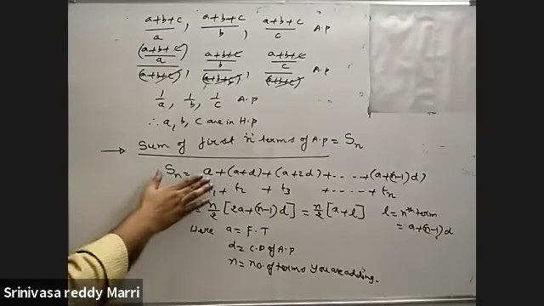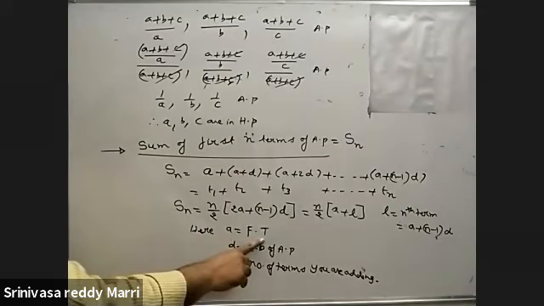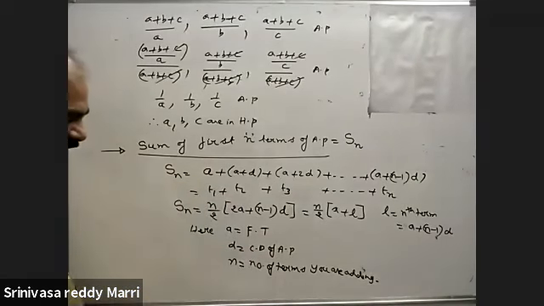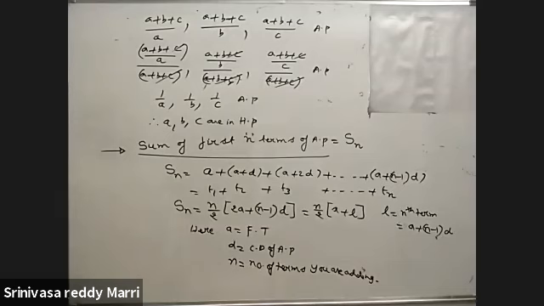So for calculating the sum of first n terms, three parameters are needed: a, the first term; the common difference, the second term minus the first term; and n, how many terms you are calculating the sum of. Suppose we ask for the sum of first 10 terms, n is 10. If we ask for the sum of first 2n terms, then n is 2n. This is the formula we will apply.